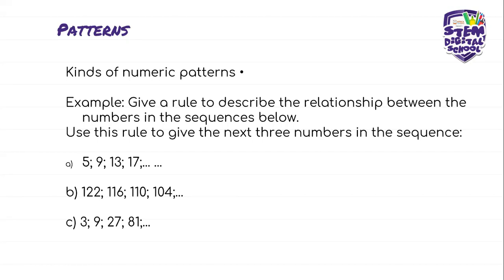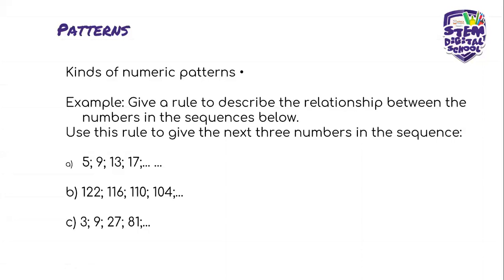You can see that if you have to move from 5 to 9, you have to add a number, and that number will be 4, because 5 plus 4 will give you 9. Now 9 plus 4 will give you 13, and 13 plus 4 gives you 17. So you can see already the pattern that the rule means plus 4.